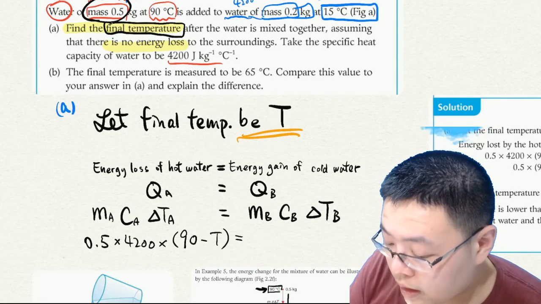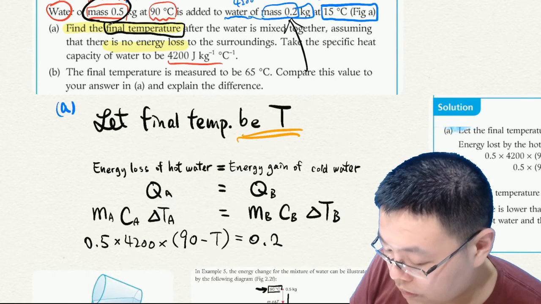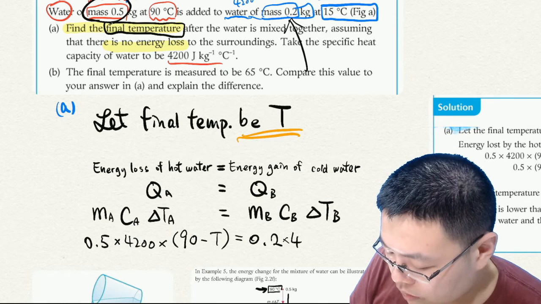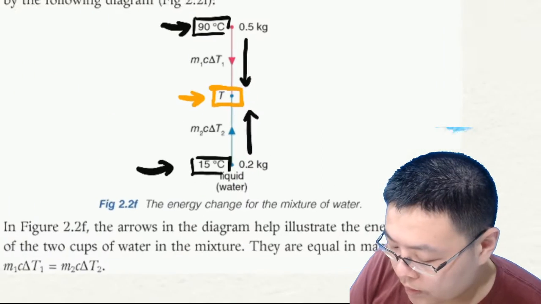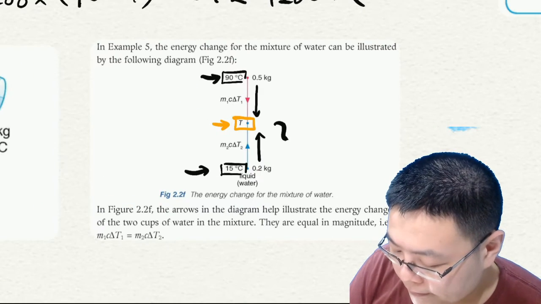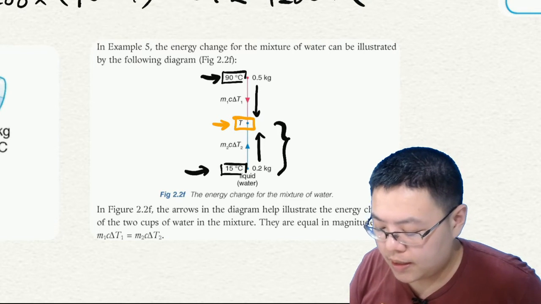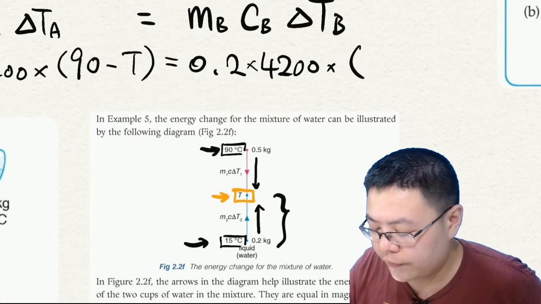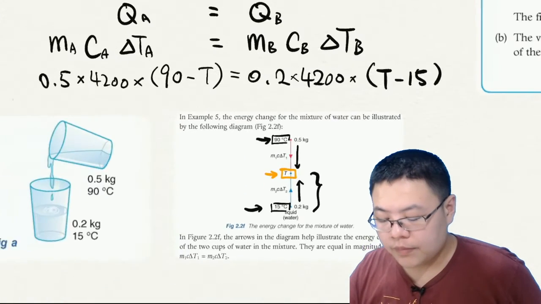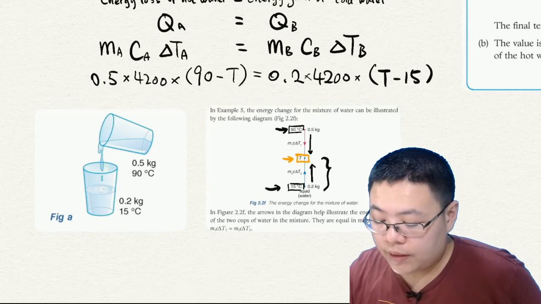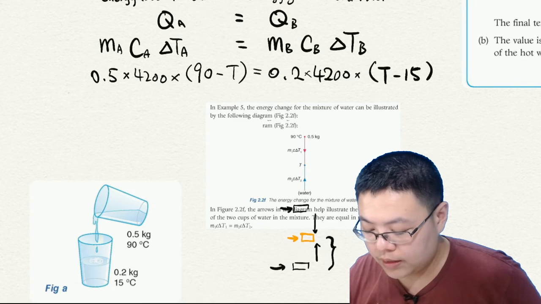And then mass B is 0.2 kilogram, times 4200, but this time the temperature change for B is T minus 15. Then we have the two expressions written out and obtained our equation.